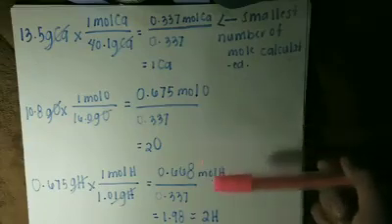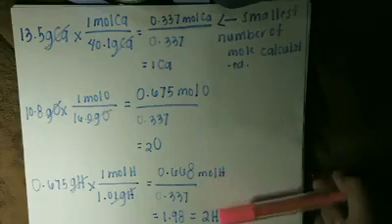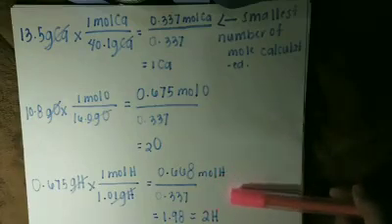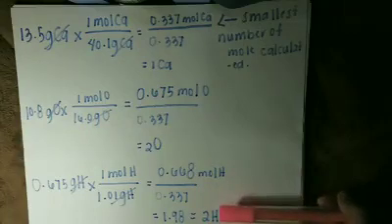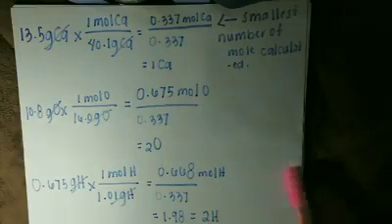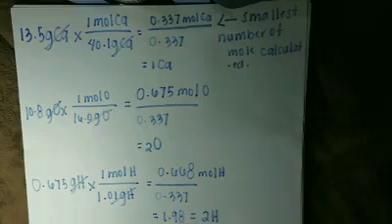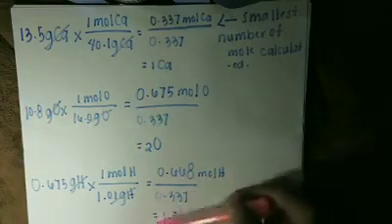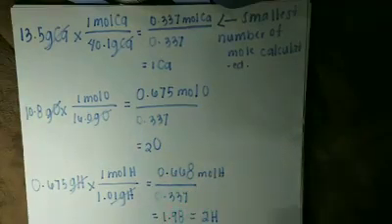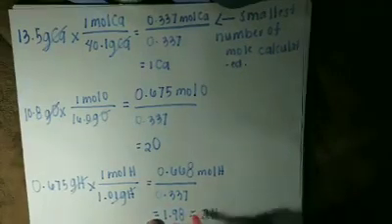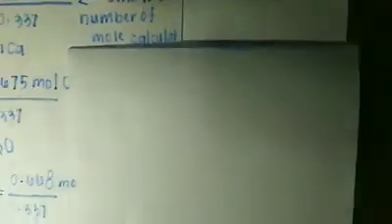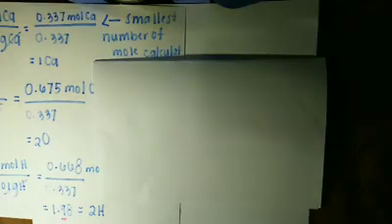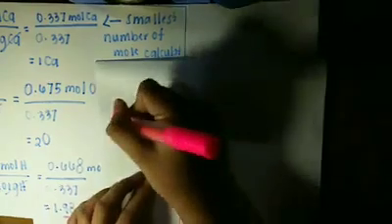And lastly, 0.668 mole of hydrogen divided by 0.337 is equals to 1.98. Since we're not allowed to use decimal, we're going to round it to the nearest whole number. So it will be equals to 2. Now we're going to write the empirical formula for problem number 1.